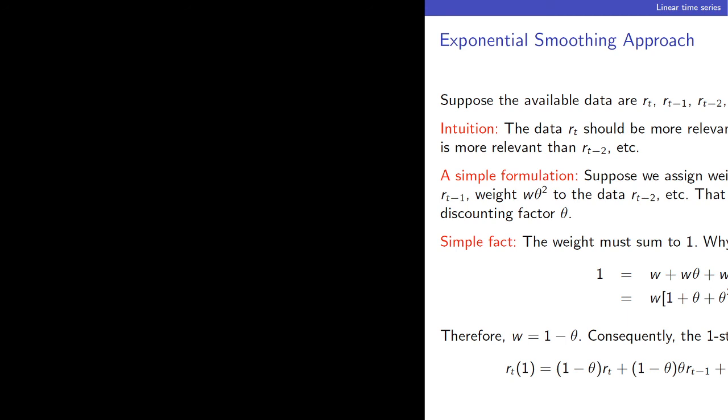What does that mean? It means exactly this. We take W as common factor, and we have this infinite sum of powers of theta, and it happens to be exactly 1 divided by 1 minus theta.